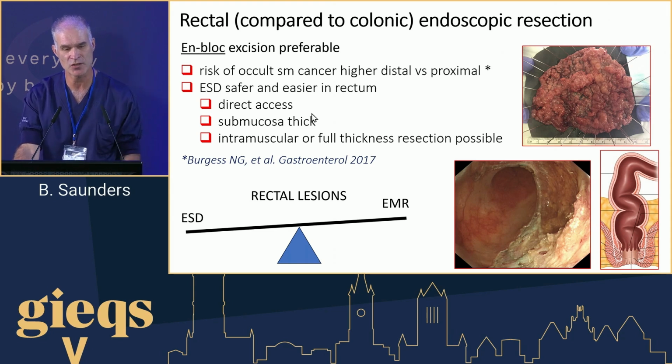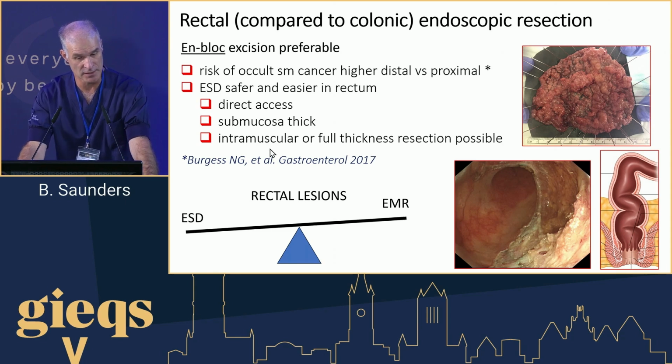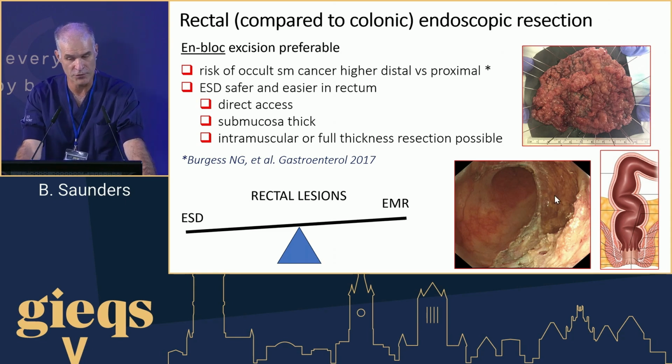And for us as endoscopists, access into the rectum is really easy. It's direct access. The submucosal layer is relatively thick, so there's a margin for error in terms of perforation. And even if we do need to go into the muscle layer or full thickness, as you can see here, it's really not such an issue.